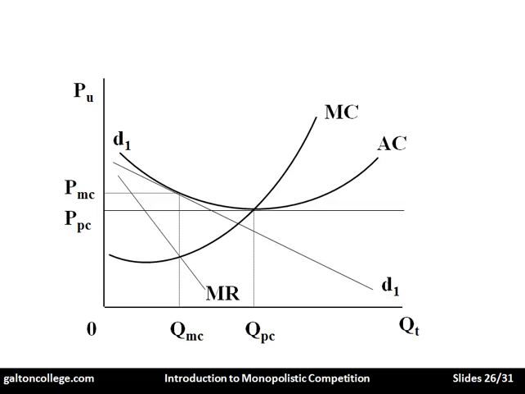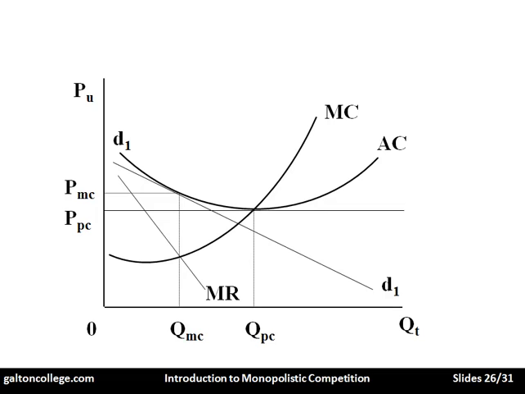If we inserted PPC, that's the price under perfect competition. Well, under perfect competition, the demand curve and the average revenue curve is just a horizontal line. And in fact, under long-run conditions of perfect competition, it'll just be tangential to the average cost curve at the minimum point of the average cost curve.